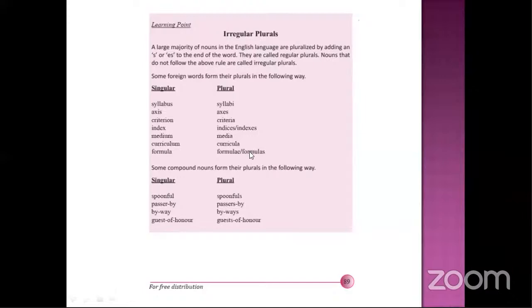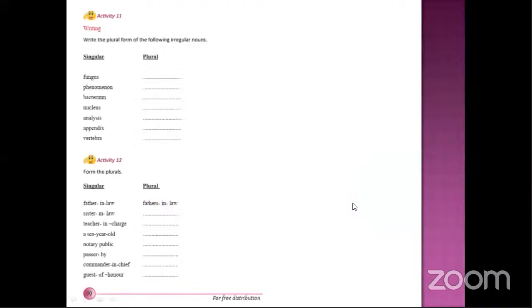You can use both, formulae or formulas. Both are correct. Also some compound nouns form their plurals in the following way. Spoonful, spoonfuls. Passer-by, passers-by. Byway, byways. Guest of honor, guests of honor. We pluralize the word guest.